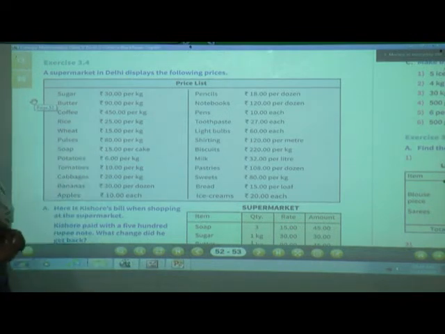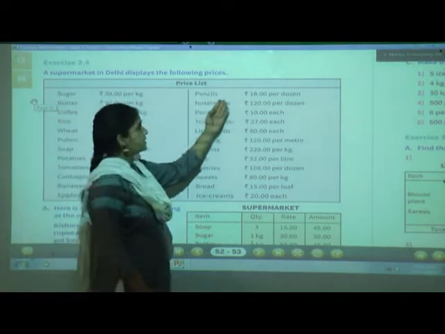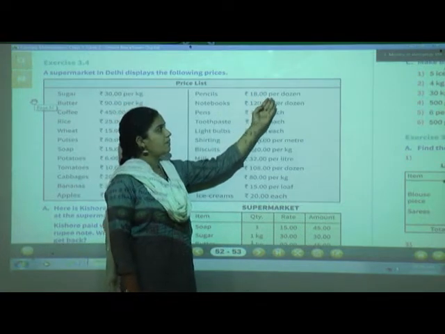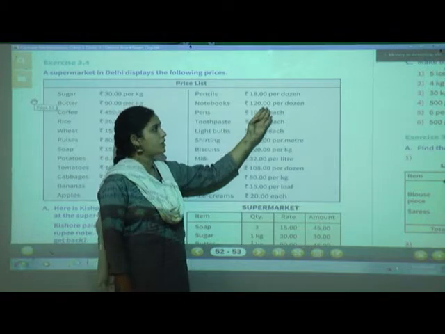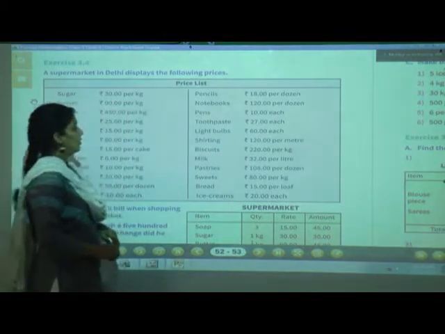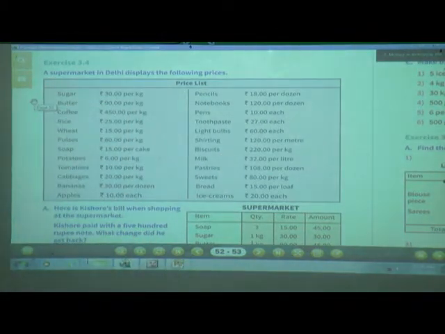Now you can see this side also, pencils rupees 18 per dozen, even notebooks rupees 120 per dozen. When you go to the shop, the shopkeeper tells you the price of the particular item. So like this, here is a list.